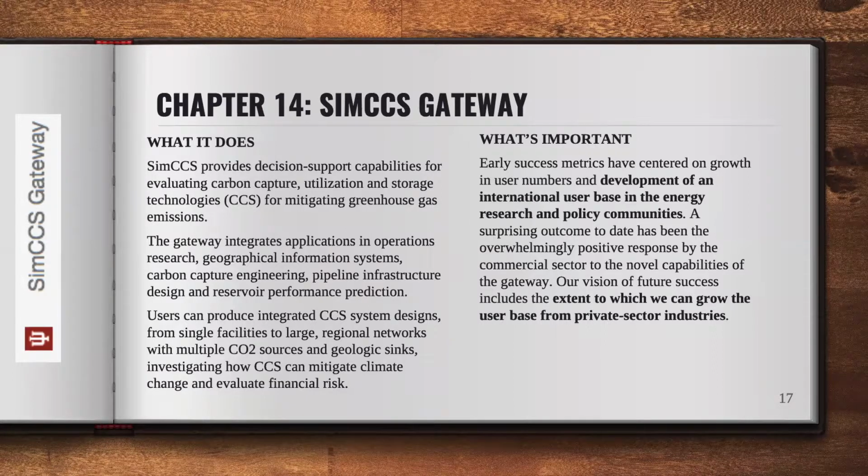One thing to keep in mind is that your metrics can change over time, and your goals can change over time. I think this group was surprised by the degree of private sector interest in their gateway. Now they're looking at meeting the needs of this user community, but it also means you have to be able to identify the fact that they came from the private sector.